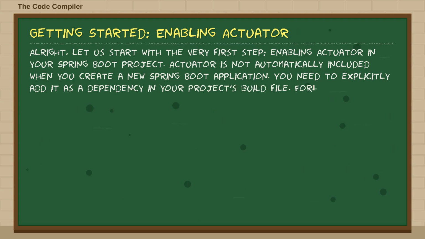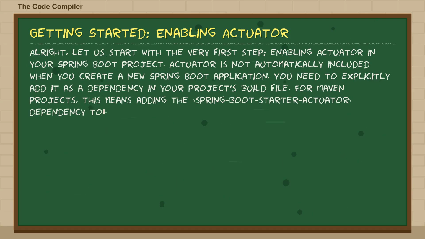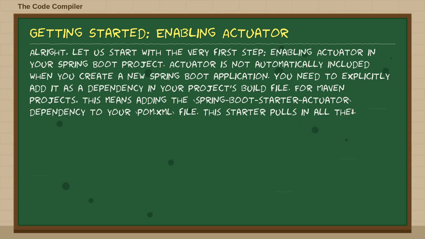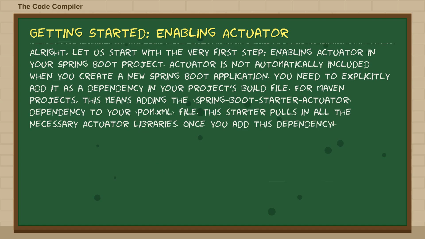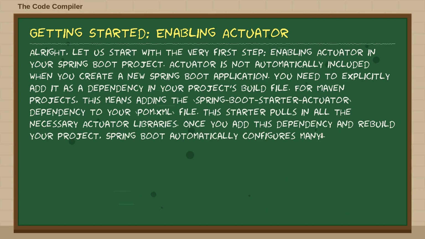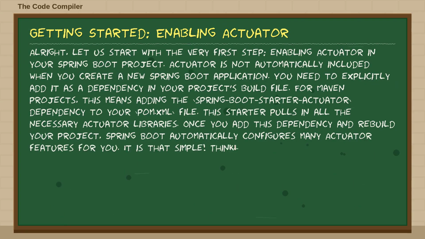For Maven projects, this means adding the Spring Boot Starter Actuator dependency to your pom.xml file. This starter pulls in all the necessary actuator libraries. Once you add this dependency and rebuild your project, Spring Boot automatically configures many actuator features for you.